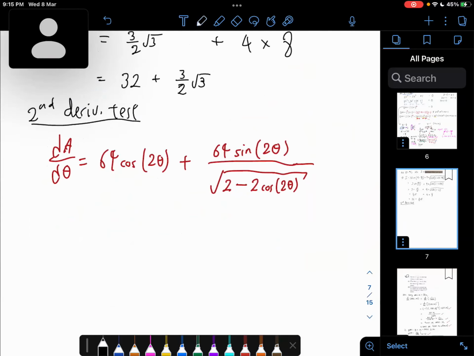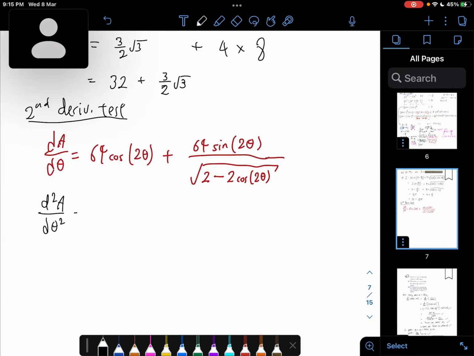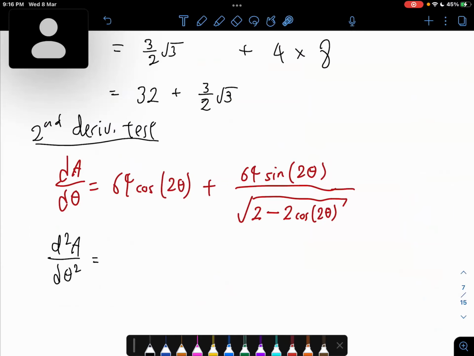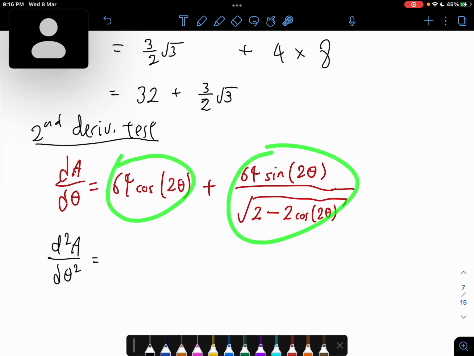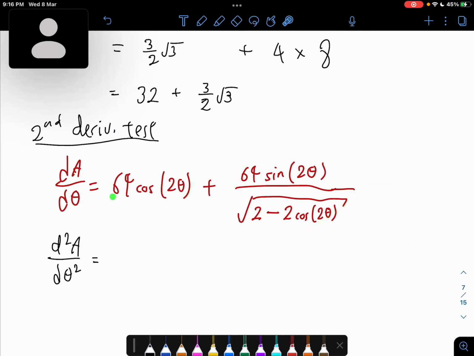So second derivative, d2A by d theta squared. Differentiate term by term. How many terms do you see? 1, 2. 2 terms. So first term, differentiate. Factor, what do you do? Bring out the 64.